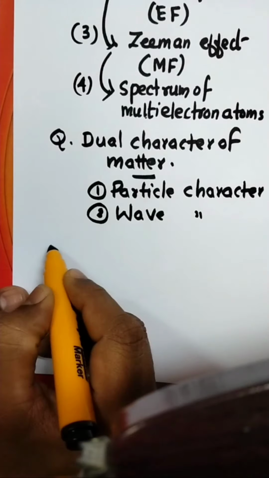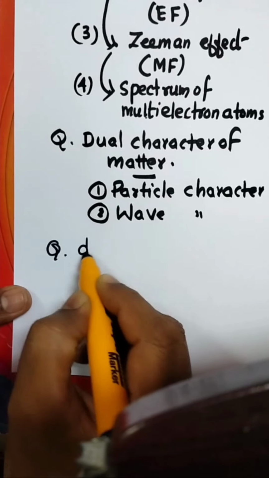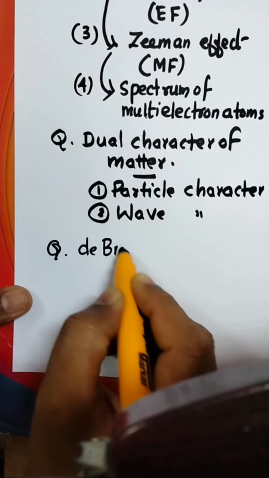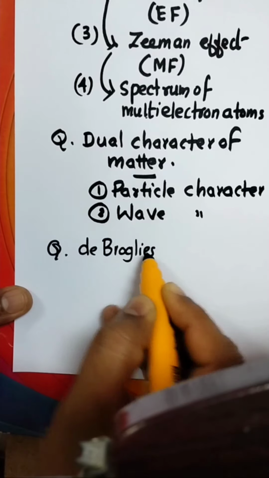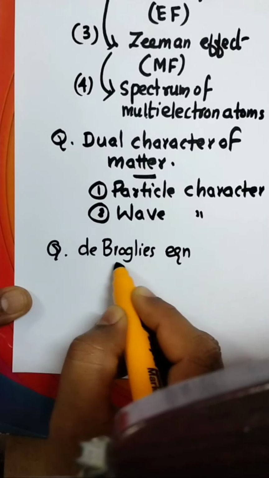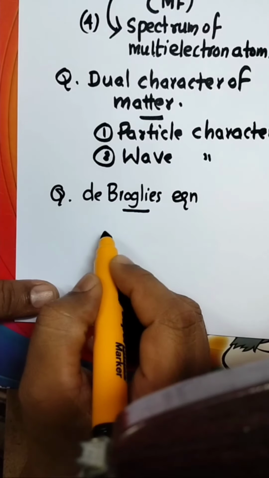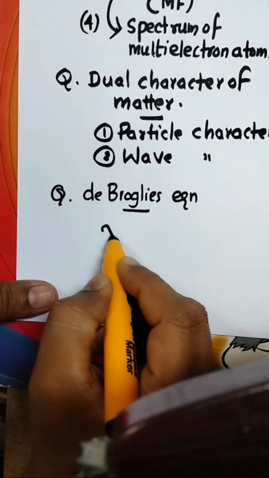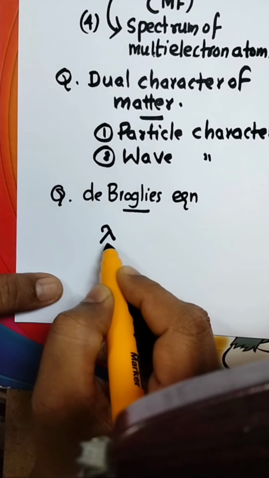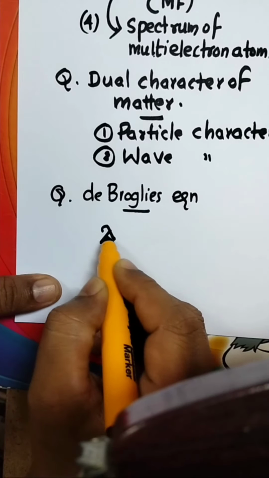Next question, de Broglie's equation or de Broglie's relation. This equation is used for finding out wavelength of matter waves.